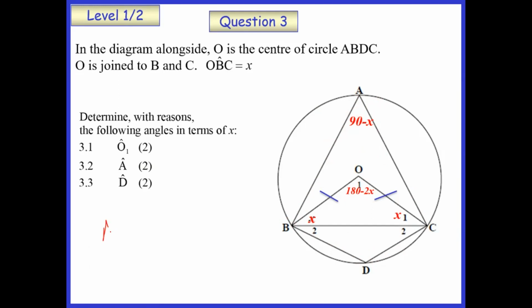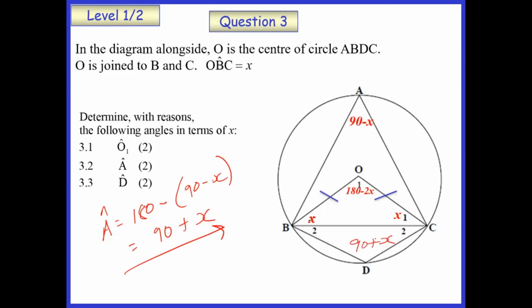Remember, to find angle D, we should be saying 180 minus 90 minus x. 180 minus 90 is 90, and negative times negative gives you a positive, so that is actually 90 plus x. Or a simple way to do it: 90 plus 90 is 180, then the x's must cancel off, and you should be getting a plus x on this side.